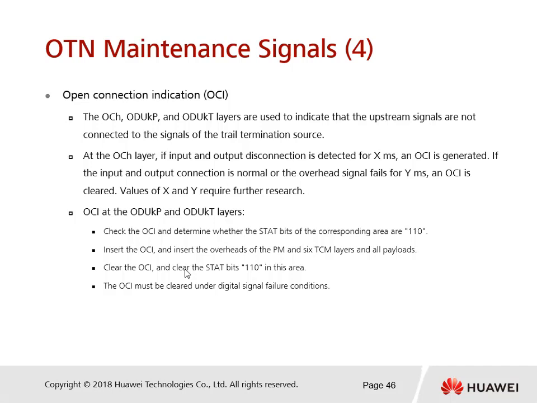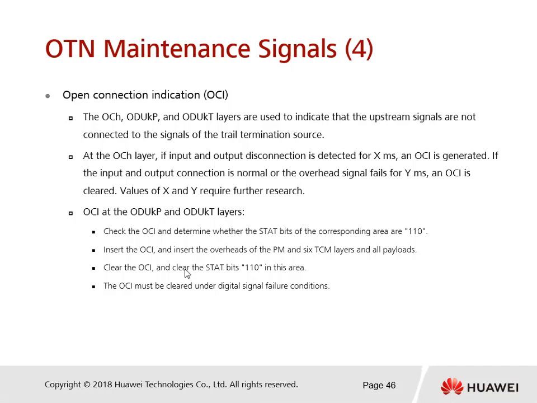And for the electric layer, we can use the OCI at the ODUKP and ODUKT layers. We check the OCI and determine whether the status bits of the corresponding area are 110. Do you still remember? In previous courses, we learned the value for the OCI is 110.